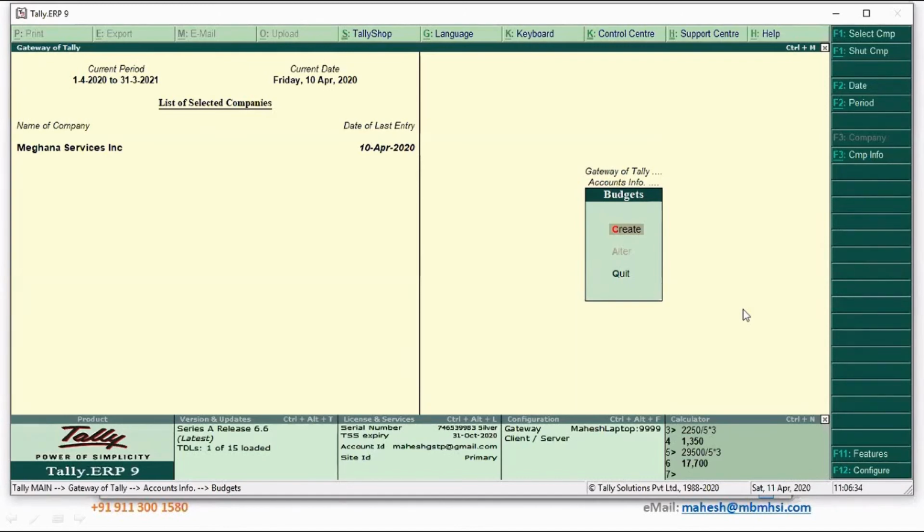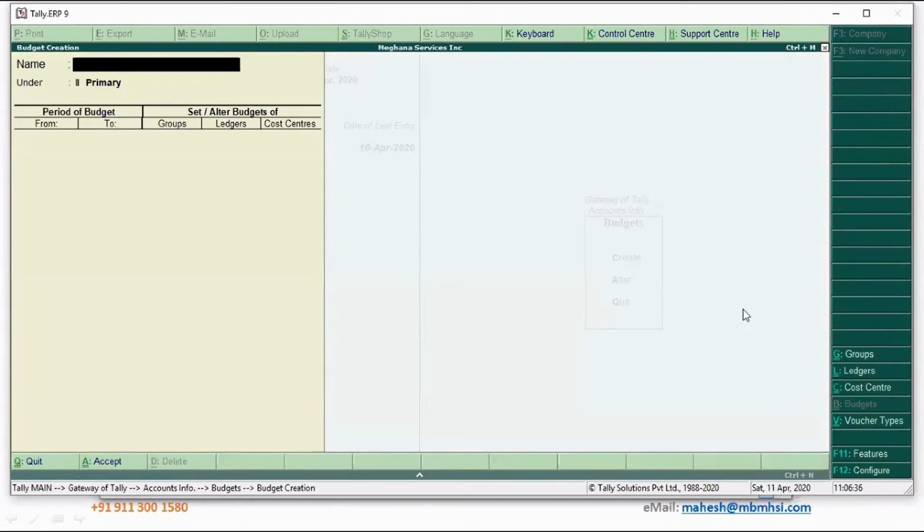I'll just show you. Say, for example, I'm creating one project budget, Project COVID-19, for the period 1st April to 30th June. Here I could go group wise, ledger wise, or cost center wise.